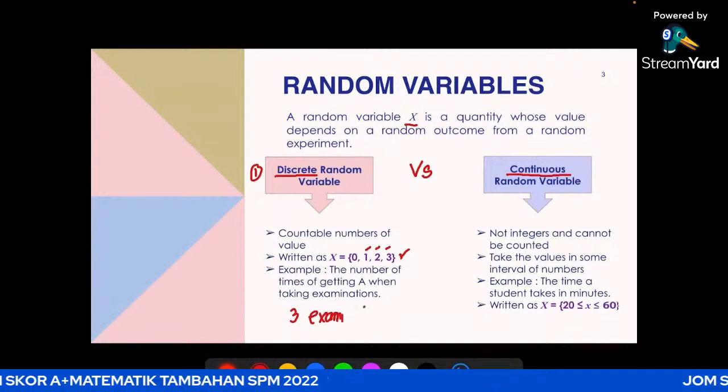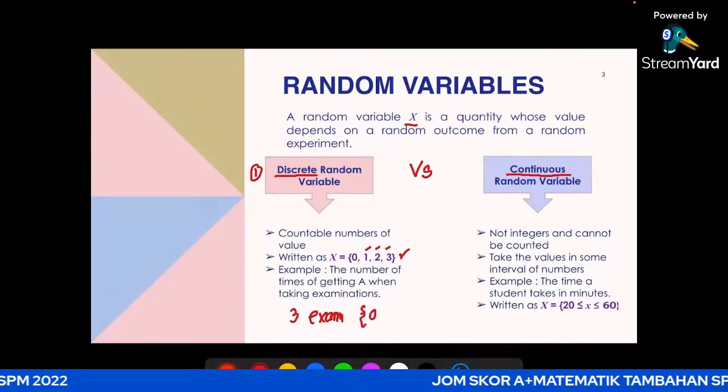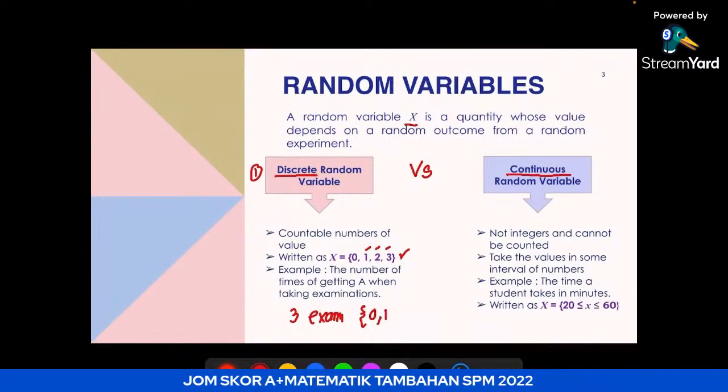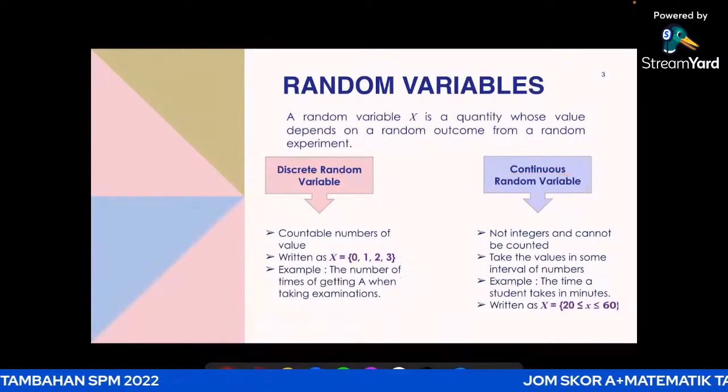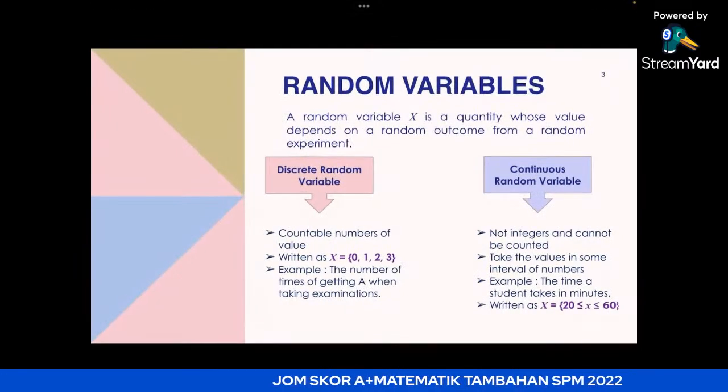Might be we get no A, or might be we get 1 A in 3 examinations, or 2 A's in 3 examinations, or we managed to get all A's. So that is what a discrete random variable means, something that we can count.